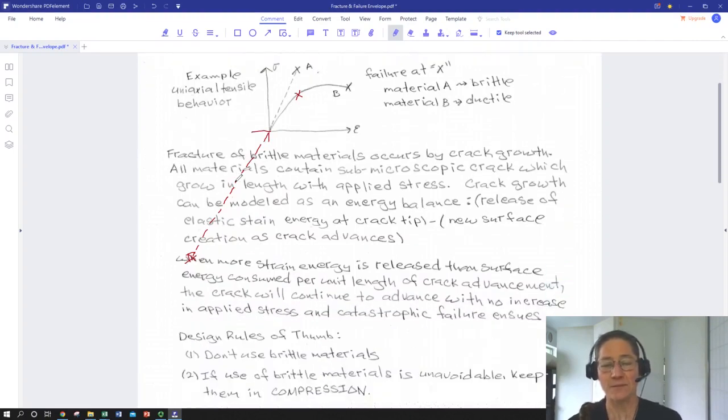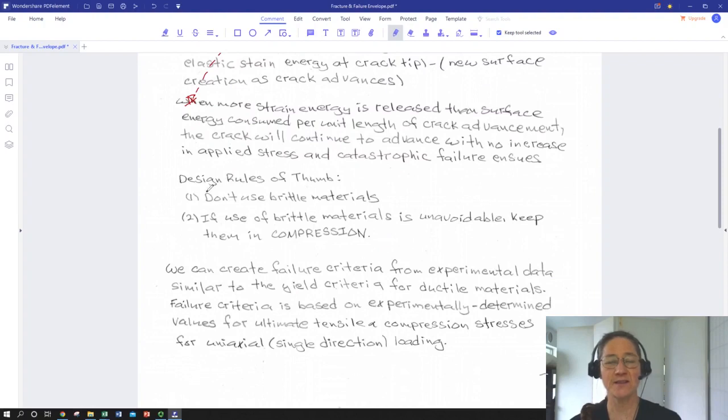So generally speaking, this leads us to two rules of thumb for design. Don't use brittle materials. A brittle material isn't going to have deformation mechanisms available to blunt a crack. The crack's just going to go. It's going to trade new surface area in the form of advancing that crack straight for the strain energy from loading.